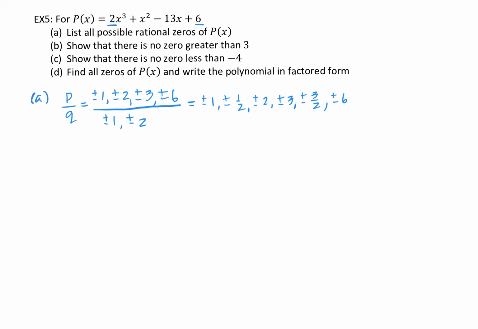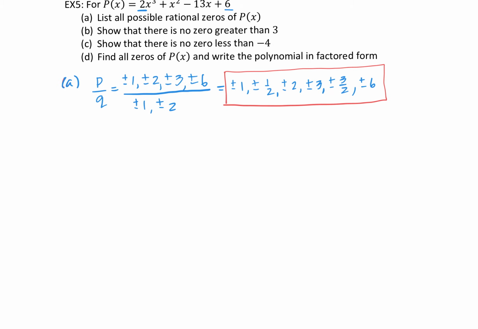And then 6 over 2 gives us plus or minus 3, which we already have. So these are our possible rational zeros. We have 2, 4, 6, 8, 10, 12 choices. And most of them are nice numbers, 1, 2, 3, and 6. So not so bad.